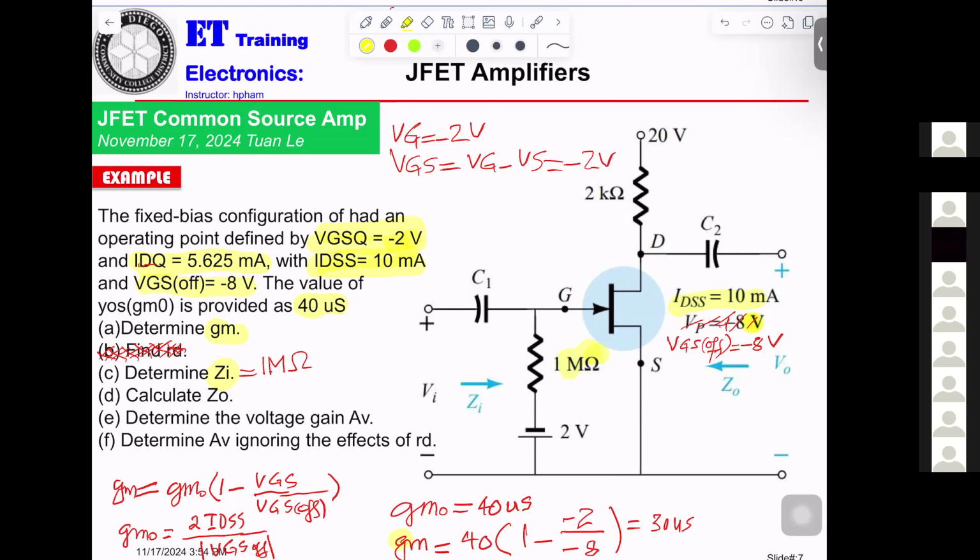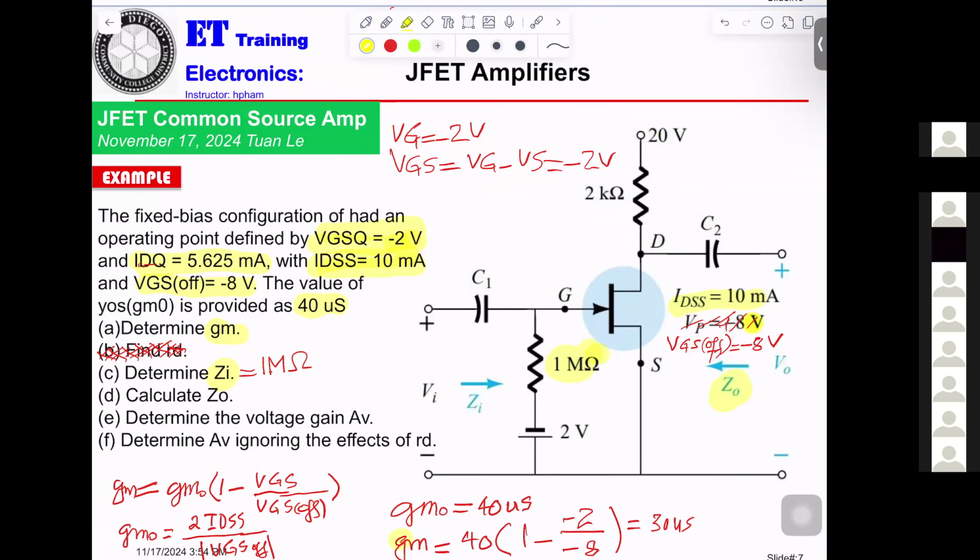You can see right here, G out, RD. Looking into the amplifier, what impedance?